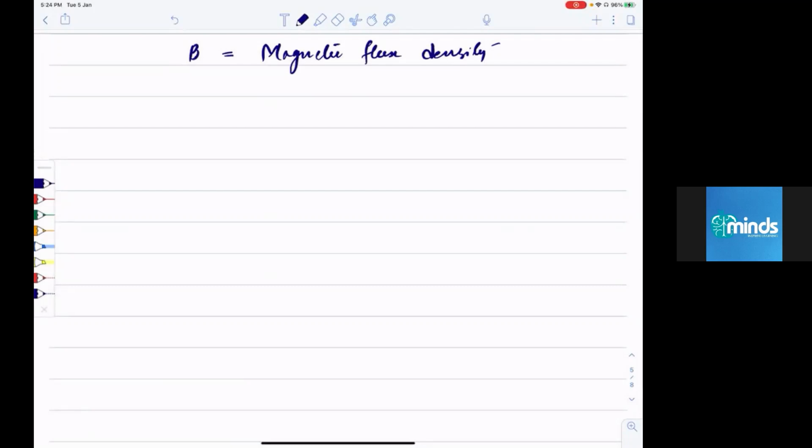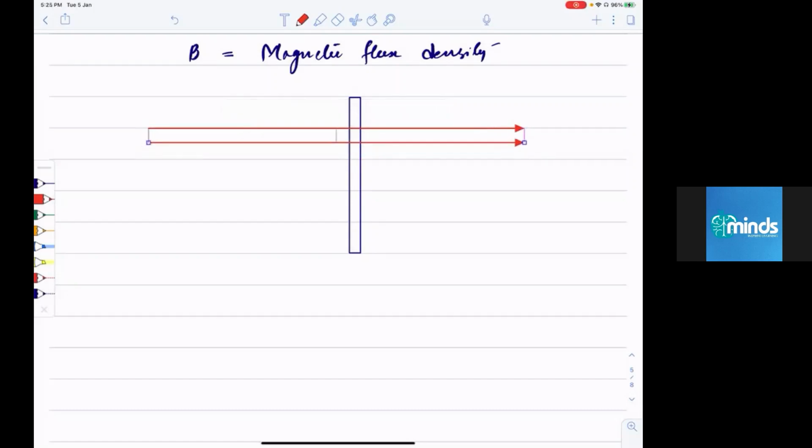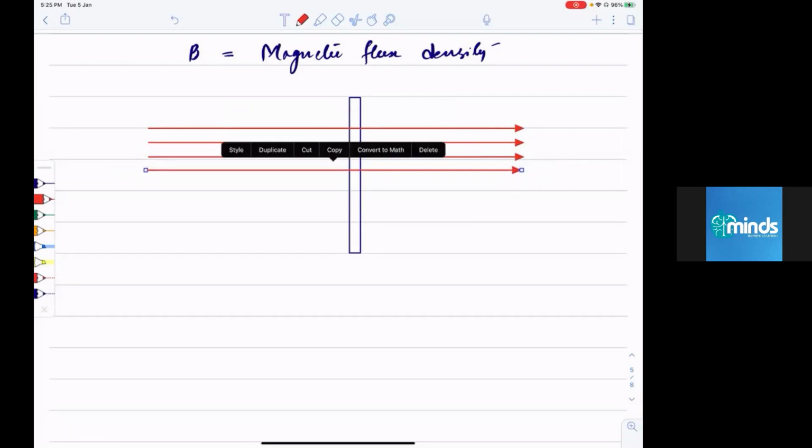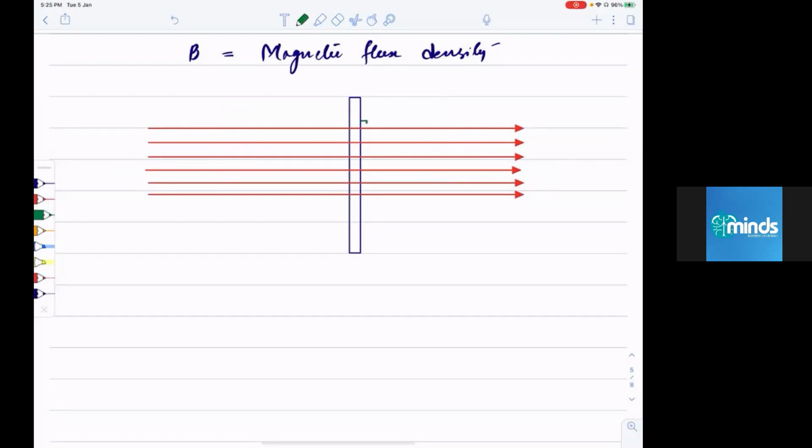Let's say we have a surface. That surface is kept like this. And we have magnetic lines of force which are passing through the surface like this. The total number of magnetic lines of force passing perpendicularly through the surface.